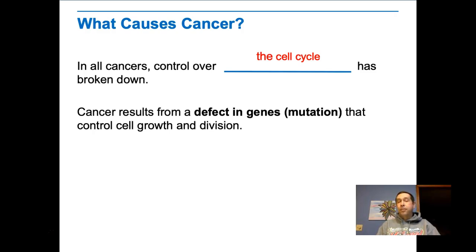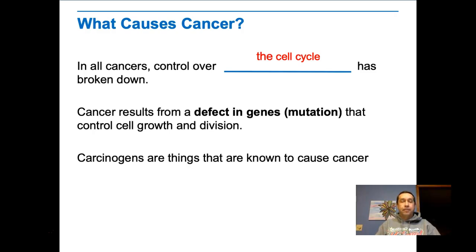We call these tumor suppressor genes and proto-oncogenes, the two types, depending on what the mutation is. Typically one mutation in those genes isn't enough to cause the cell to lose the ability to control cell division. Typically it's several mutations. That's why most cancers happen as people get older, because it takes time for those mistakes in copying the DNA to build up.